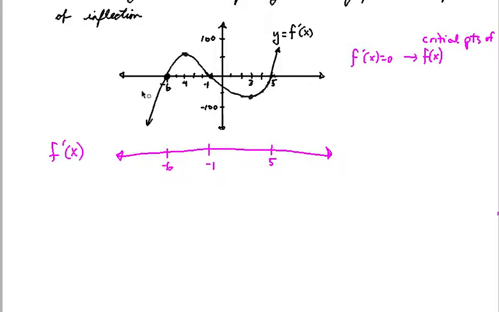Here I have negative derivatives, so that means it's decreasing. From here to here, it's positive. From here to here, it is negative. And from here to here, oh sorry, that should be a negative. Okay, and that should be a positive.